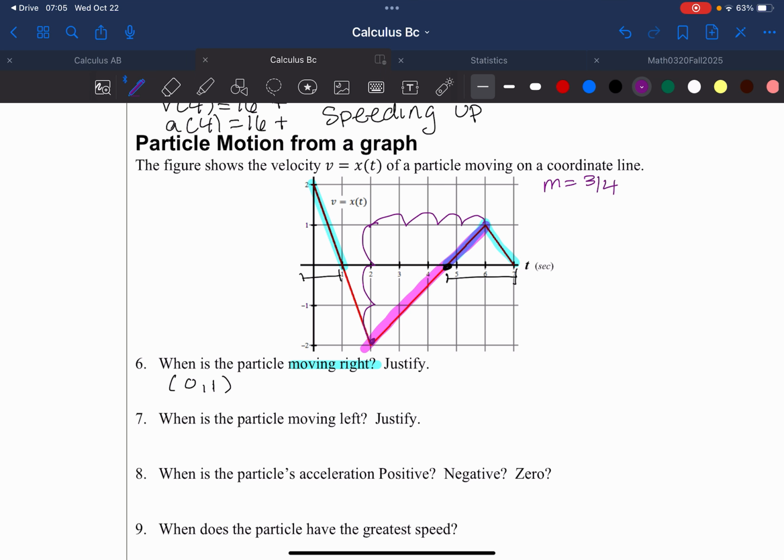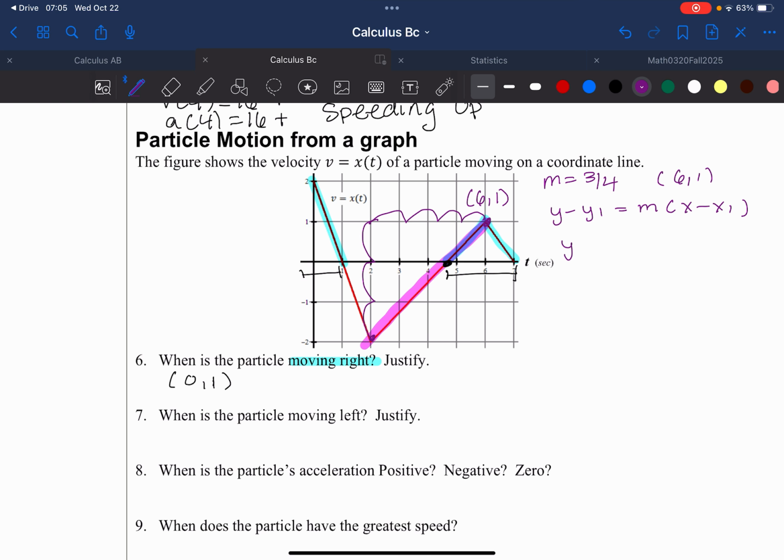And then we can use the point right here, which is (6, 1), as our point, and then use y minus y1 equals m times x minus x1. So this is going to be y minus 1 is equal to 3/4 times x minus 6.